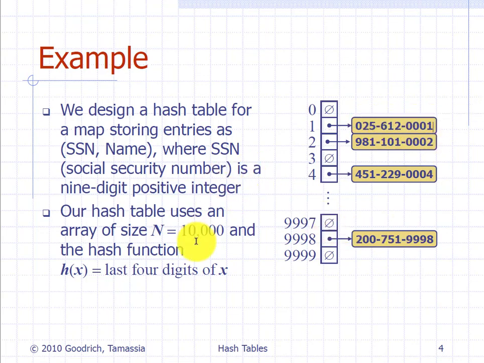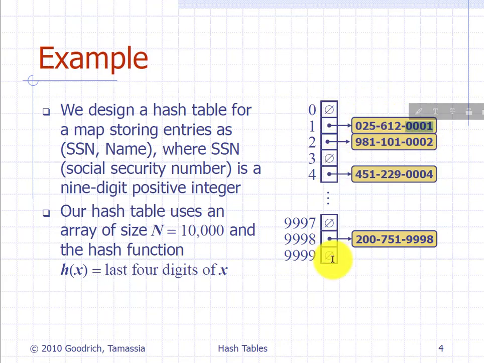So what you could do is, if you've got a set of social security numbers, your hash function in this case, I'll just say it in words, is to look at the last 4 digits and return the last 4 digits as the I that we're going to be putting this in. So for this social security number, 025-612-0001, our hash function will return the last 4 digits, which is 0001, and that's where it's going to go in the array.